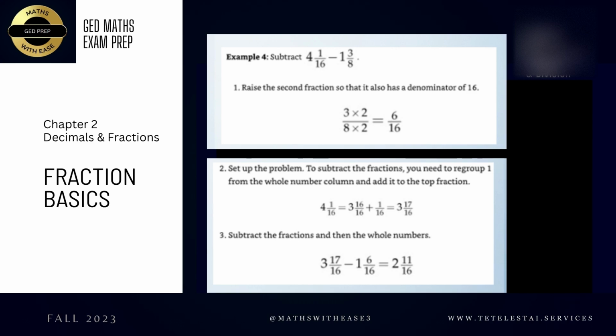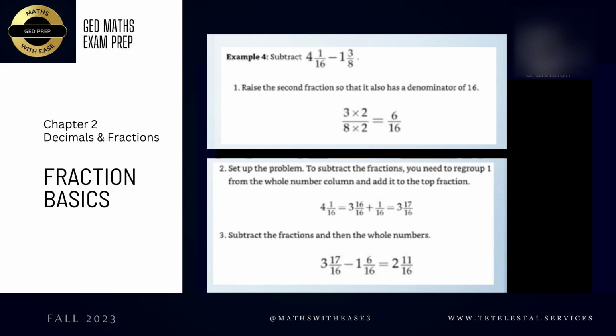So now we have 3, 16 over 16, but don't forget that we also had 1 circle that only had 1 portion of it grayed out, okay? So another way of writing 4 and 1/16 is 3 and 16/16 plus 1/16, okay?